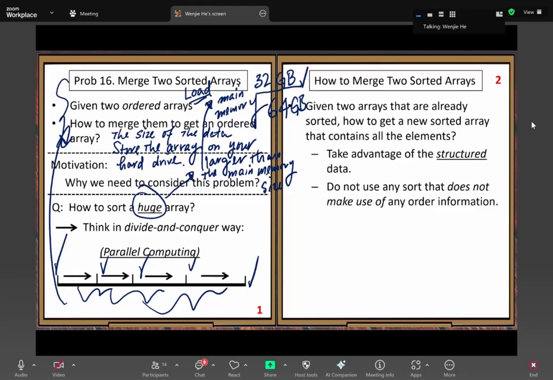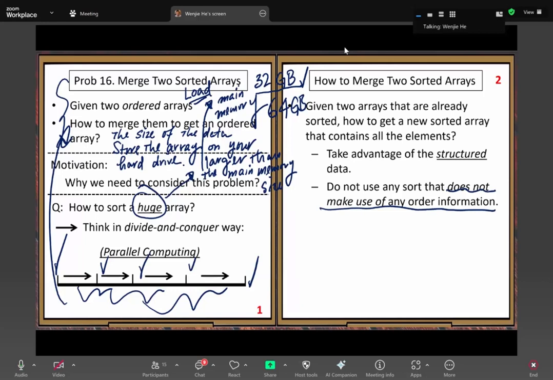Now, we need to choose the appropriate old experience to help us understand the current problem. So here, do not use any sort that does not make use of the order information.